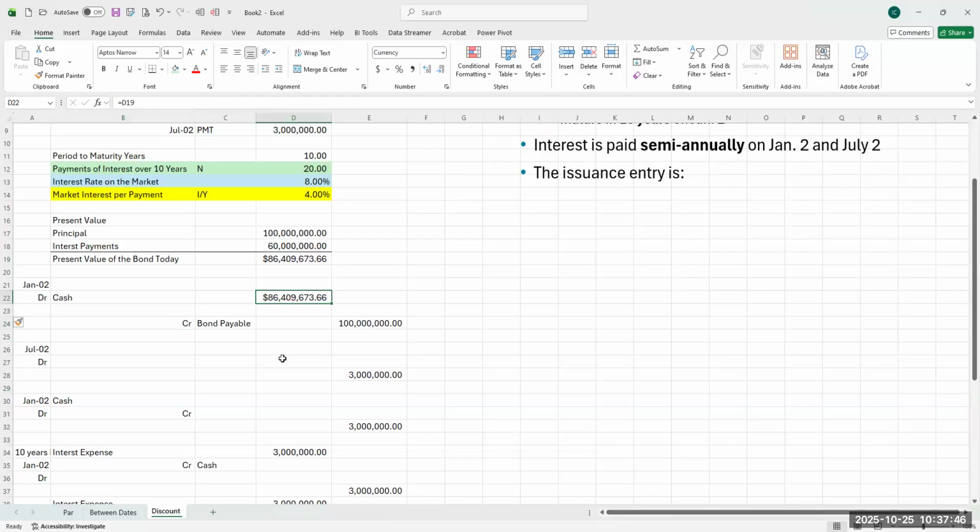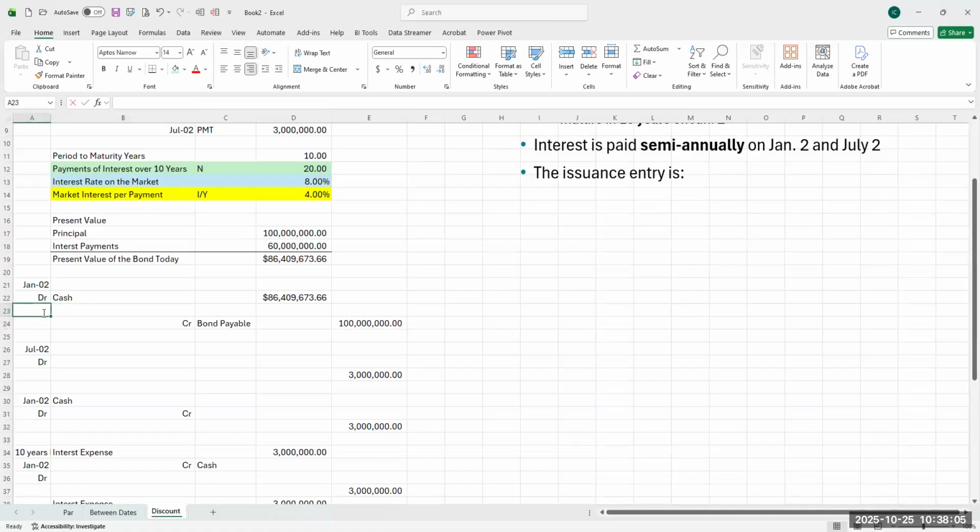We're getting $86,409,643, but we have to pay 100 million. So we need more debit.